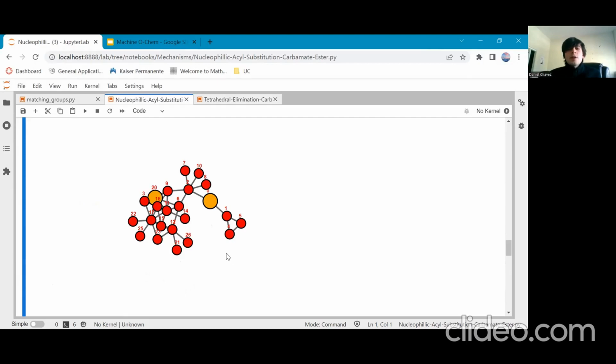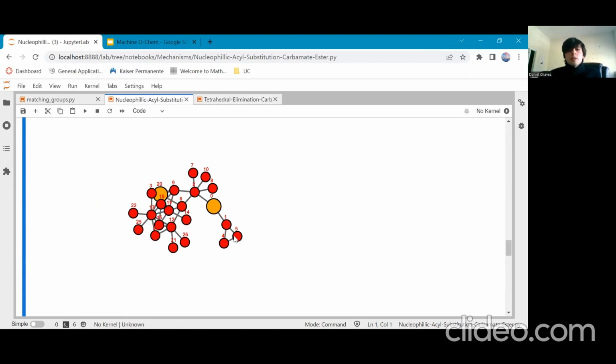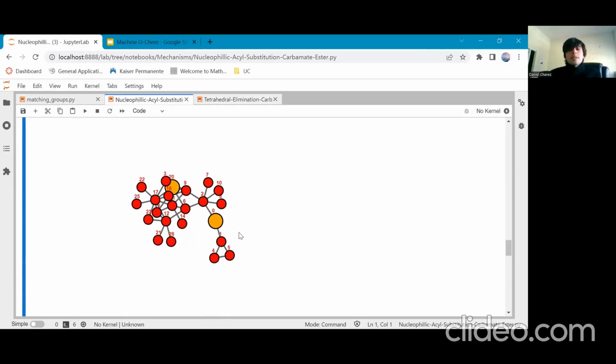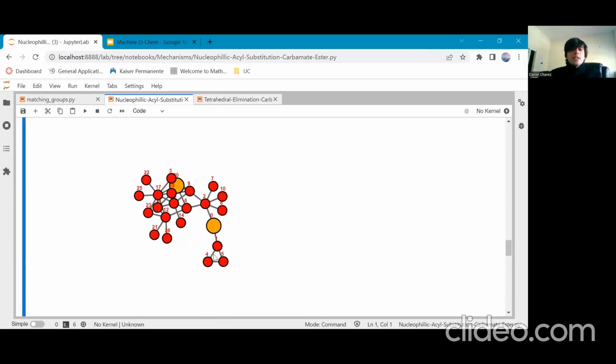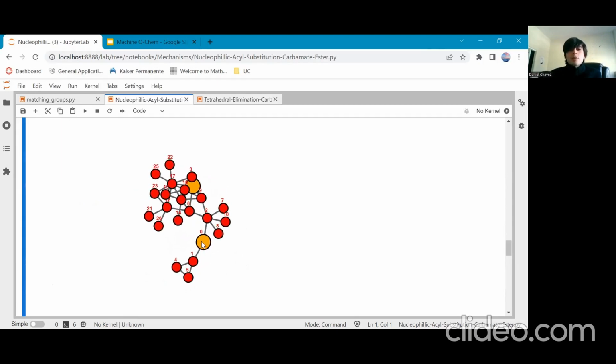Each little red node represents an intermediate molecule, and the edges represent a specific elementary step reaction template being applied. The yellow nodes, denoted by the 0 and 20, represent our reactants and products, respectively. Notice that there are a number of feasible pathways of elementary step reaction templates to achieve the same product.